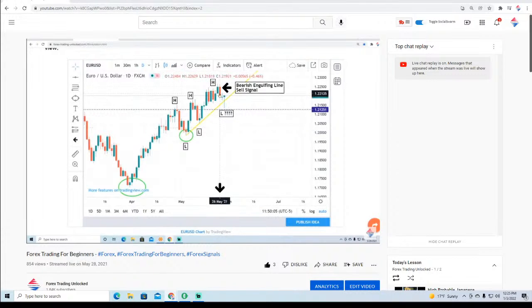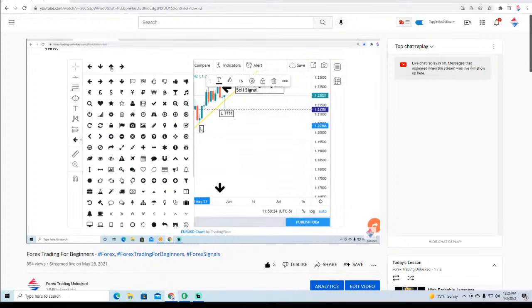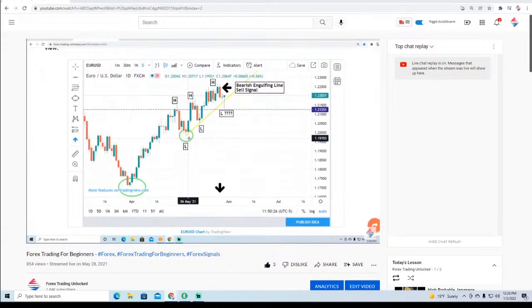So let's say instead of having a bearish engulfing line sell signal here, the market has been correcting lower, like in this, let's say if this was here a bullish engulfing line, which, by the way, it is. I was wondering if anyone watching the video would say, hey, you said that's also a signal. See this little buy right there, this little green bar?